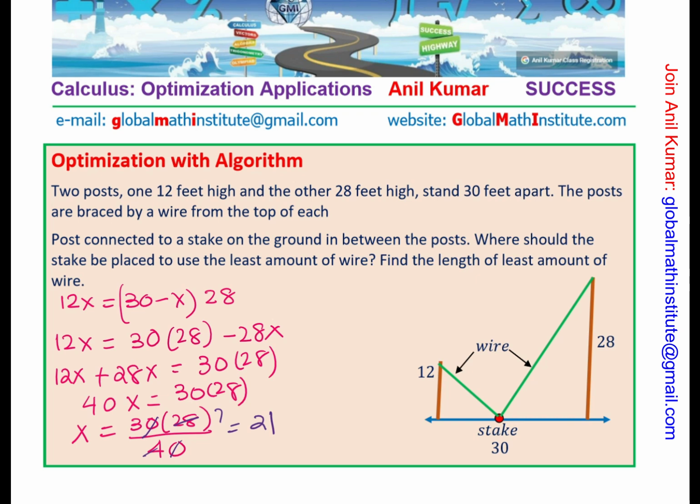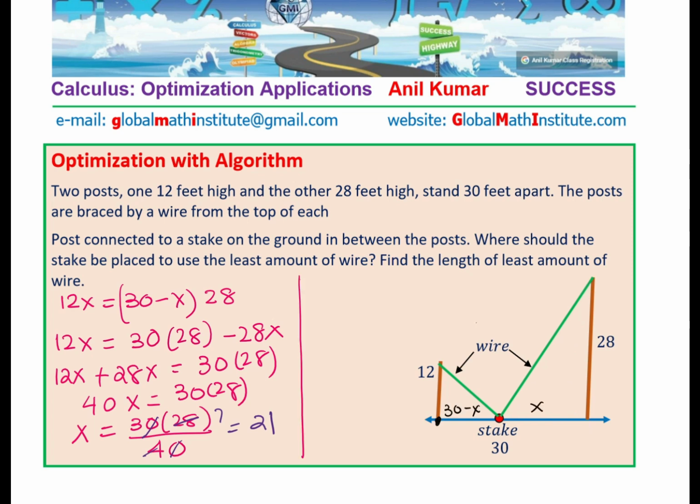So we got the length from here to this point as 7, right? So basically, something like this, right? Okay, so that will give us the minimum length. Now we need to verify this. How do we do that? Now we have got the critical number C, which is 21, right?